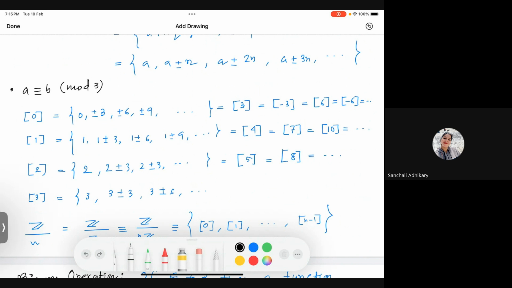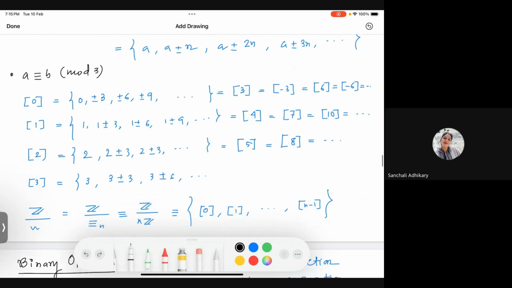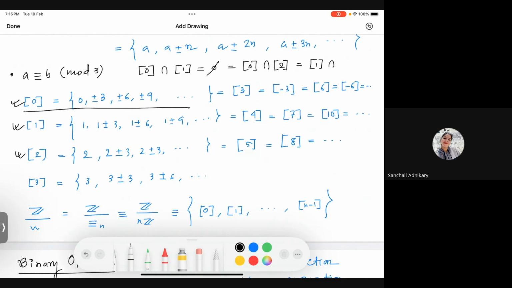Now observe that these classes are disjoint. The intersection of these two classes is empty. Similarly, the intersection of class of 0 and class of 2 is empty, and the intersection of the classes of 1 and 2 is empty.